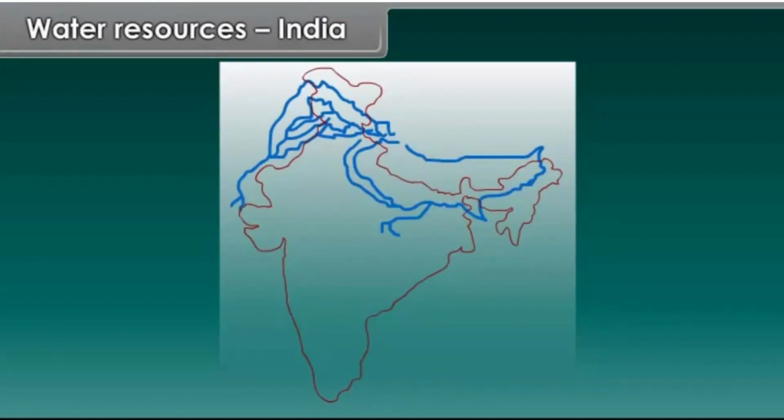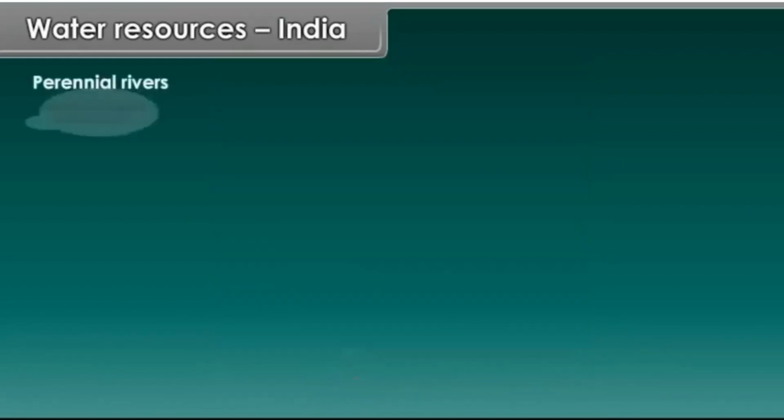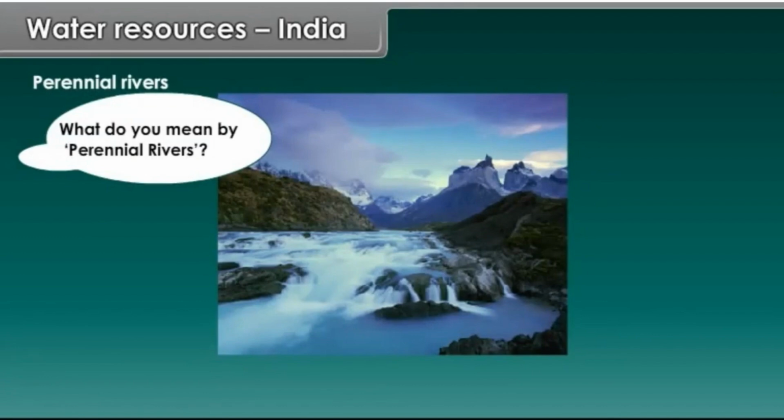India has many perennial rivers like Satluj, Beas, Indus, Ganga, Yamuna and Brahmaputra. Here we came across perennial rivers. What do you mean by perennial rivers?